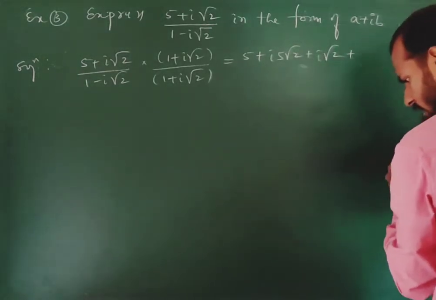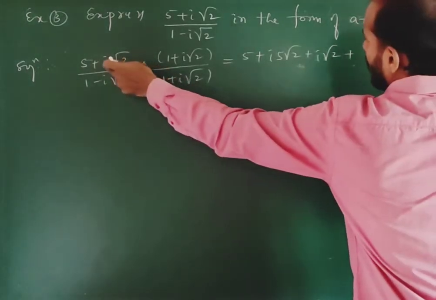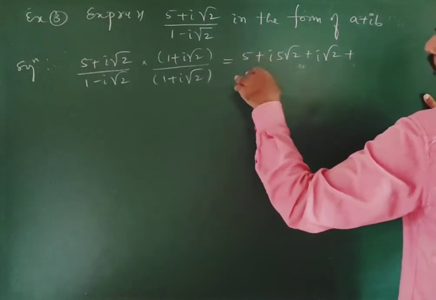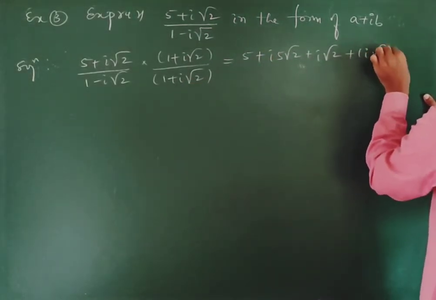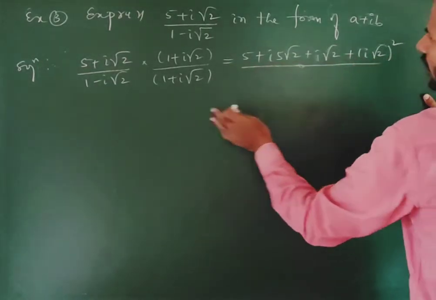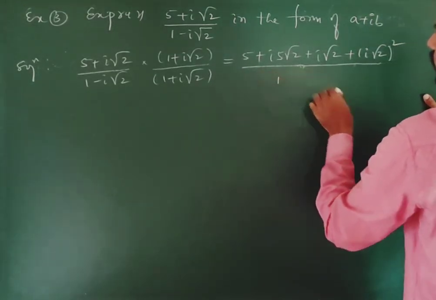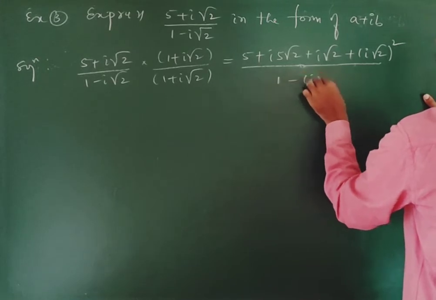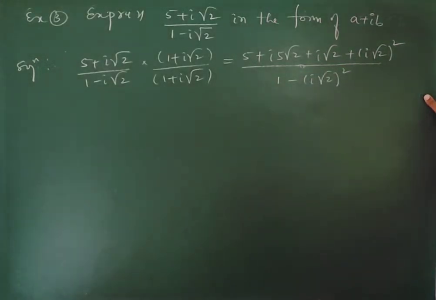Or i root 2 whole square we can write directly, plus i root 2 into i root 2, i square root 2 whole square, or directly you can write i root 2 whole square. In the denominator what we get here, a minus b, a plus b. A square means 1 square is 1, minus b square means again i root 2 whole square it is, right?